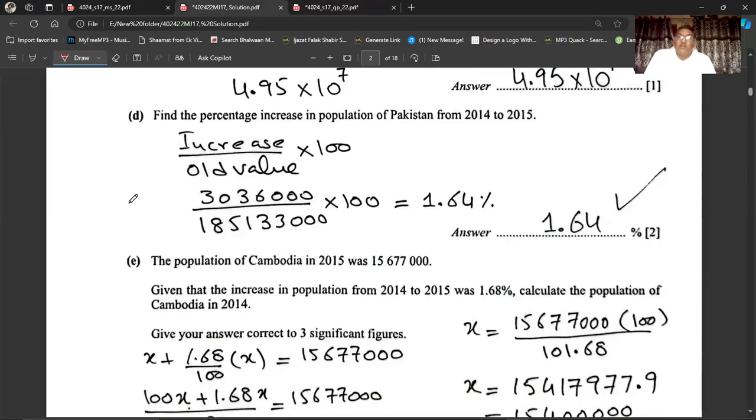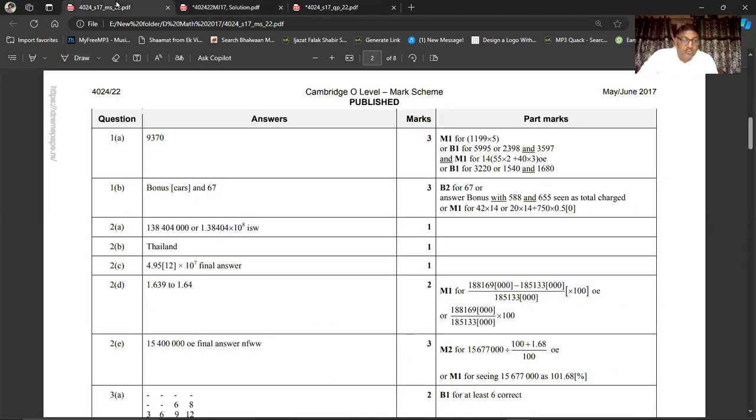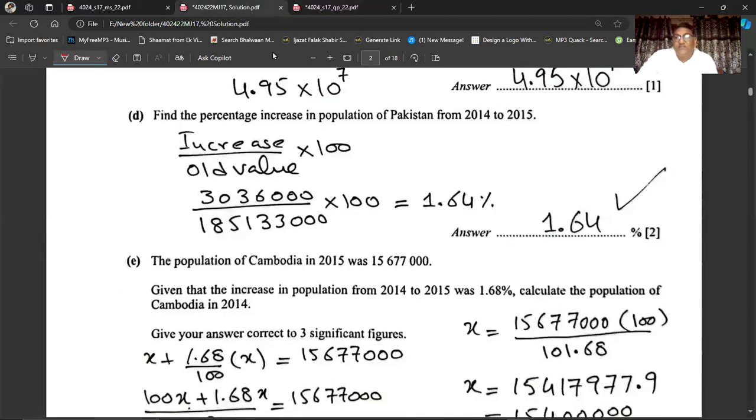That is the increase divided by the old value, multiplied by 100. So that will be 3,036,000 divided by 185,133,000 multiplied by 100. When you enter this in your calculator, you get 1.64. So there is a 1.64% increase in the population of Pakistan from 2014 to 2015.